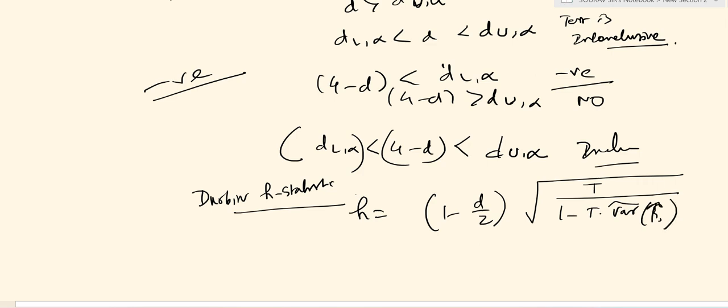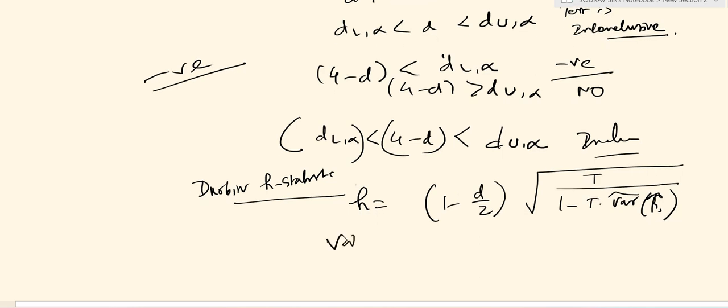So this uses the Durbin Watson statistic D and the estimated value, where the variance of beta 1 hat is for the regression coefficient of the lagged dependent variable, and T times this variance is less than 1.